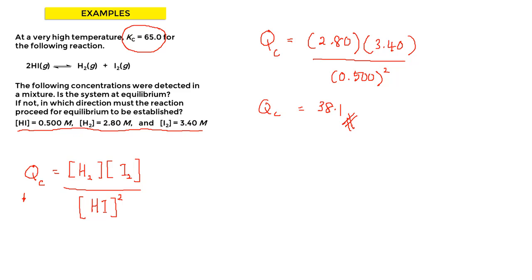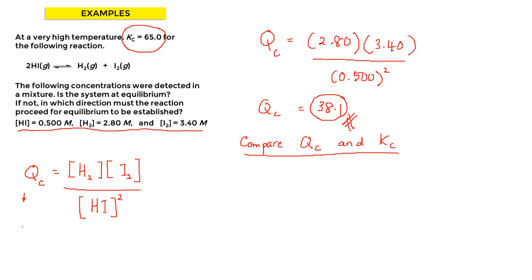But that is only the first step, we have only calculated Qc. We have not answered the question: is the system at equilibrium? So you have to compare Qc and Kc. From the calculation and the given Kc, Qc is 38.1 and Kc is 65.0.